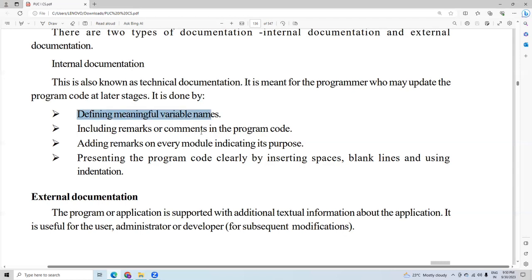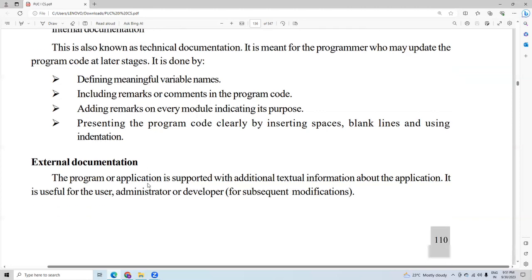Defining meaningful variable names, including remarks and comments for each and every code written in those sections, for what purpose this particular section is written, that is all indicated, and adding a remark on every module indicating its purpose. Presenting the program code clearly by inserting spaces, blank lines, and using indentation.